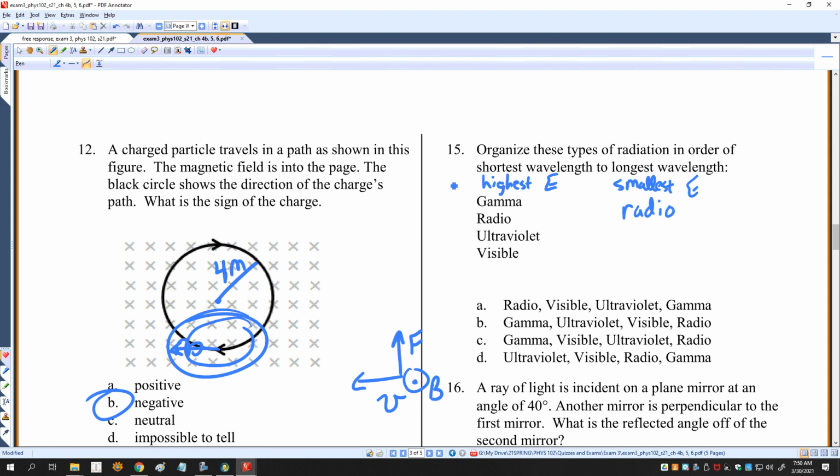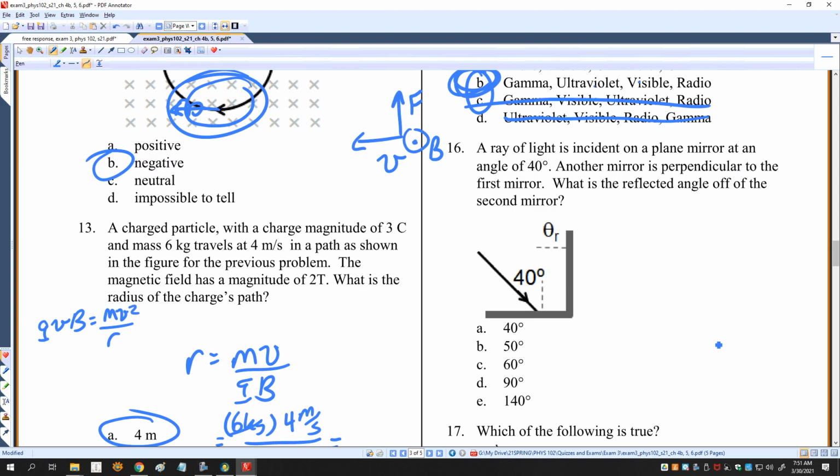The shortest wavelength, or the highest energy, is gamma. So I'm looking for something that ends in radio and something that begins in gamma. That leaves me either B or C. Ultraviolet light is a higher energy than visible light, or a shorter wavelength, so B is the right answer.